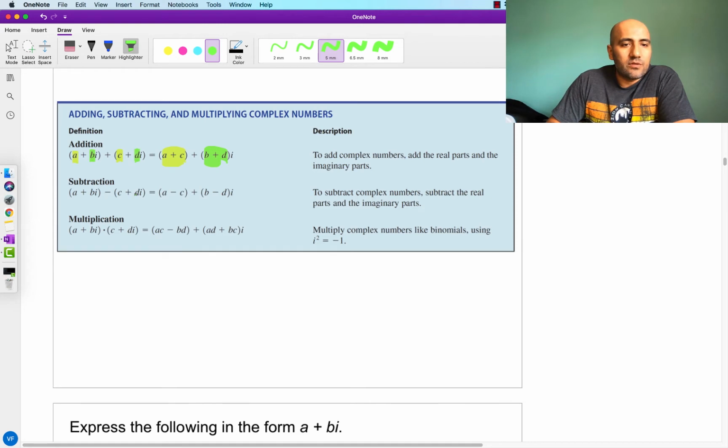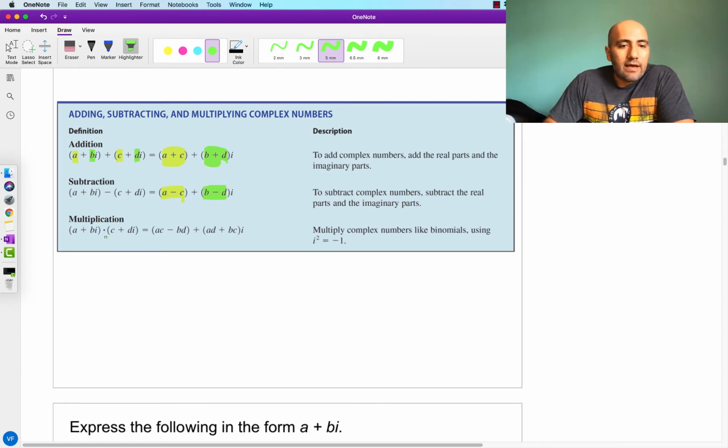Good. Similar with subtraction, we just have to keep track of that subtraction symbol. So it's distribute, combine again the real parts, we'll end up with a minus c. So once you give me the values of a, b, c, and d, I can calculate what this is, and that'll be the real part of my complex number. And then I distribute this guy, combine like terms, factor out that i, and we'll get that this and this give me the imaginary part of my complex answer.